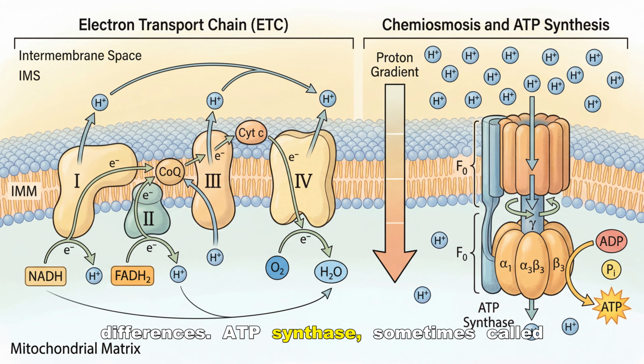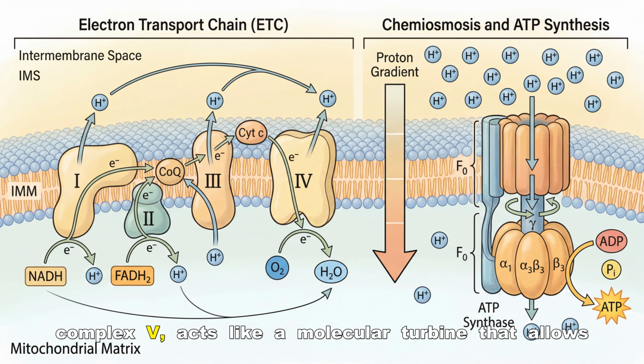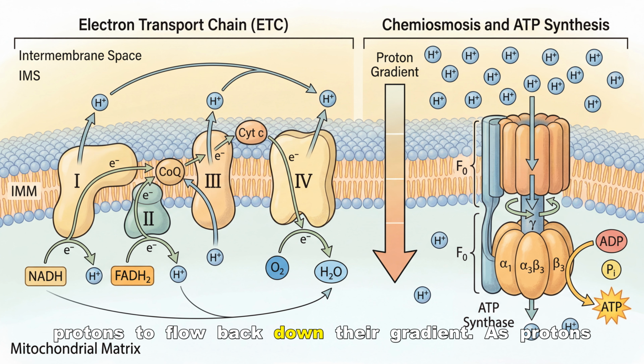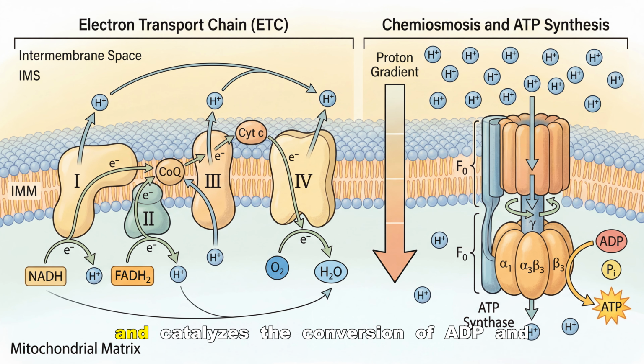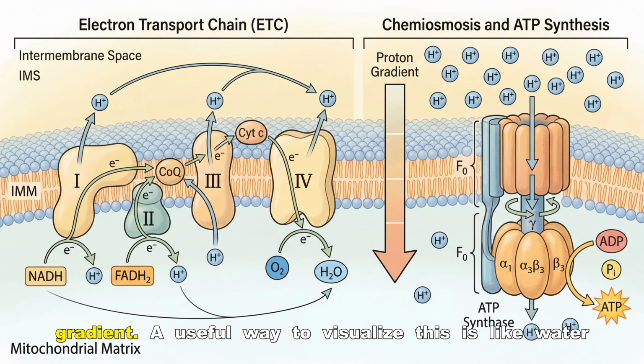ATP synthase, sometimes called complex V, acts like a molecular turbine that allows protons to flow back down their gradient. As protons pass through ATP synthase, the enzyme rotates and catalyzes the conversion of ADP and inorganic phosphate into ATP. This process is called chemiosmosis, emphasizing that ATP production is powered by a chemical gradient.